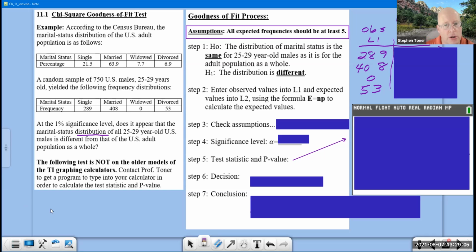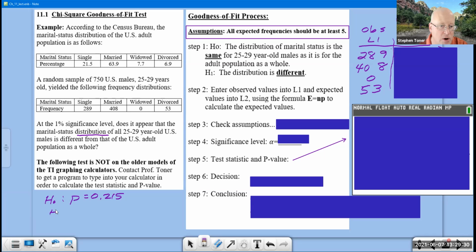Now, we could, if we wanted to, treat this as four separate one proportion z-tests. For example, we could say as a null hypothesis, let's focus on the singles category. We would say the proportion of singles is equal to 0.215, or 21.5%.